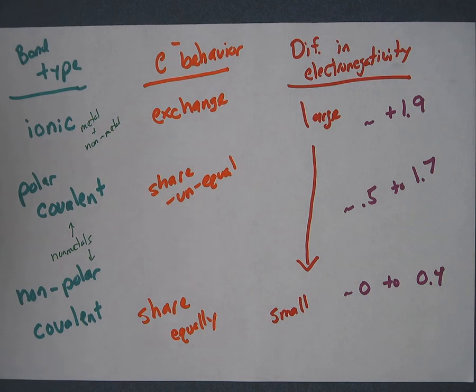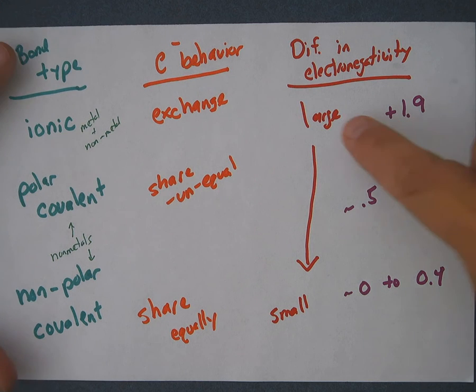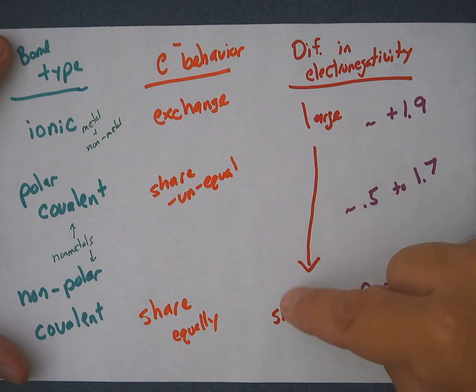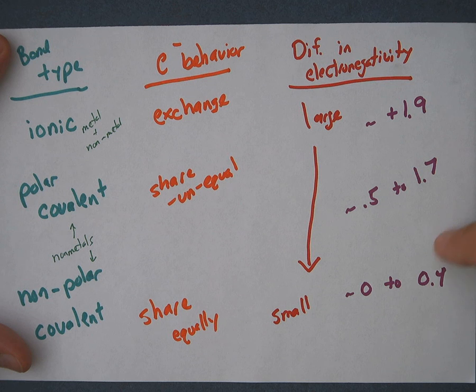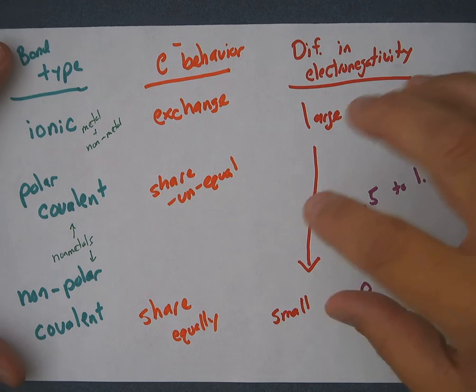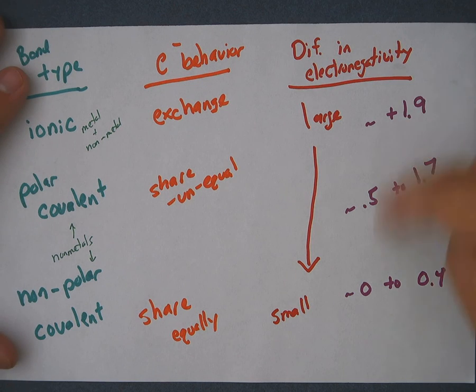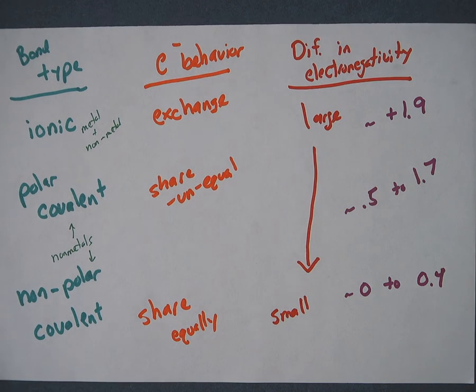You can do it qualitatively without numbers: a big difference in electronegativity values means ionic bonds, a medium difference is polar covalent, and a small difference is non-polar covalent. And here's an estimation if you need numbers to dictate what's a large, medium, or small difference. You can look up electronegativity values in a chart in the book or on a doc on the internet, and you can do some subtraction to predict what kind of bond will form.